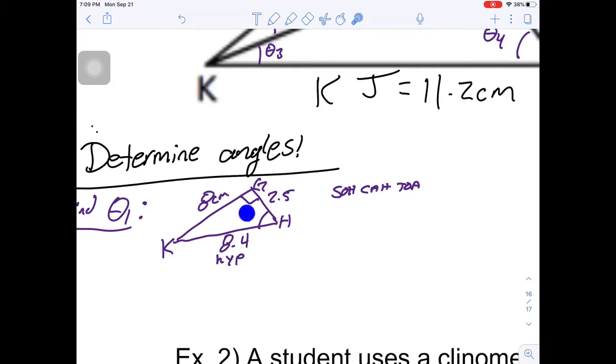From the perspective of angle 1, 8 centimeters is opposite, making 2.5 adjacent. What relates opposite and adjacent? Well, that would be tan. So tan angle equals opposite over adjacent. The opposite side length is 8. The adjacent side length is 2.5.